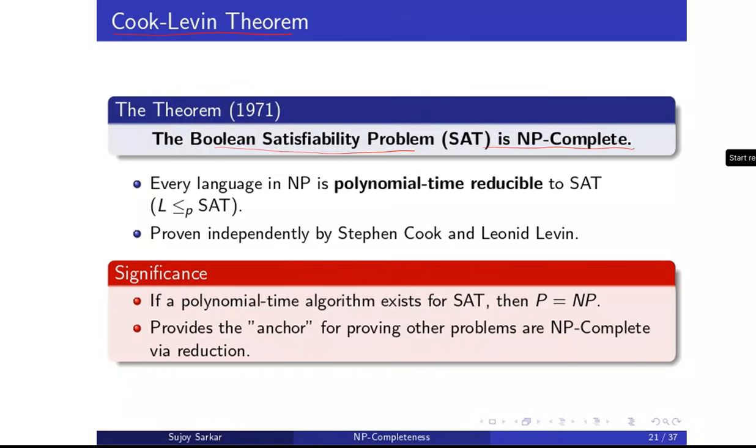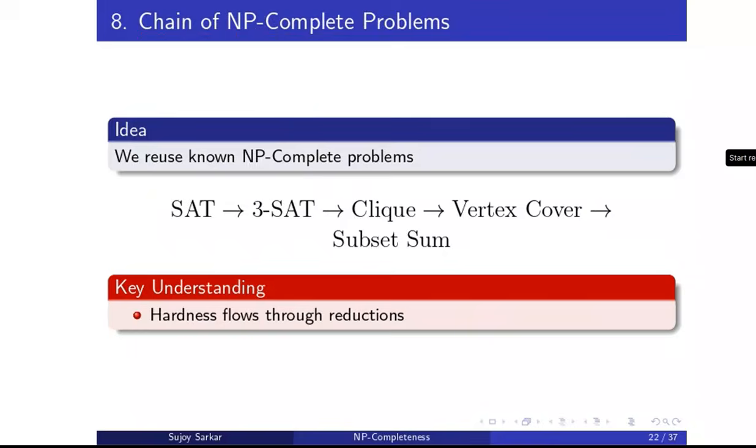Okay. And for any other new problem, we reduce to this problem or a related problem to prove that it is an NP-complete problem. So like this we generally proceed. SAT we already know is NP-complete.